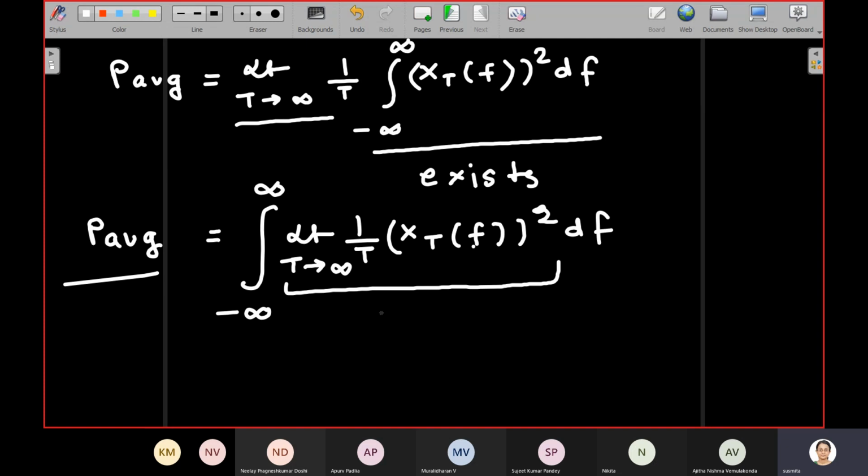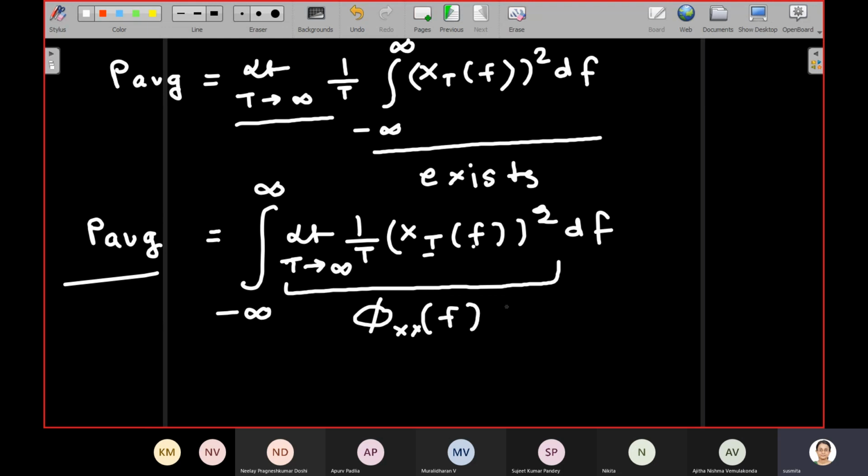So this is a function of f. And since this is for x, the truncated version of x, and we are also taking T to infinity, let's denote it as phi of f.